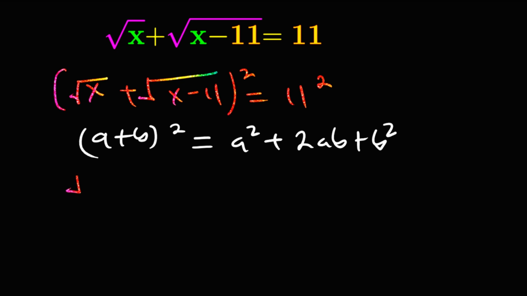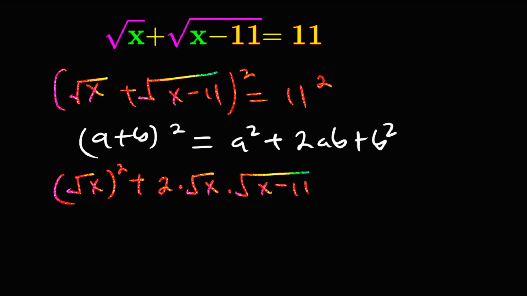So we're going to have root of x squared plus 2 times root of x times the root of x minus 11 plus the root of x minus 11 squared, and that's equal to 11 squared.